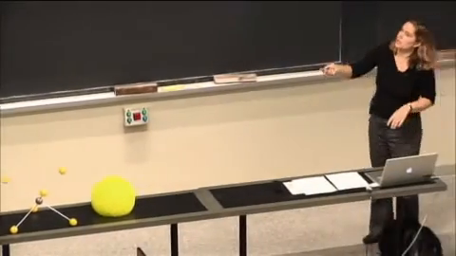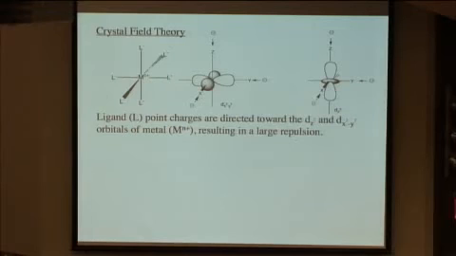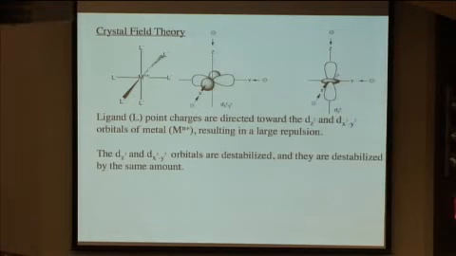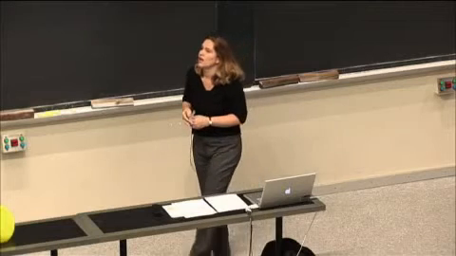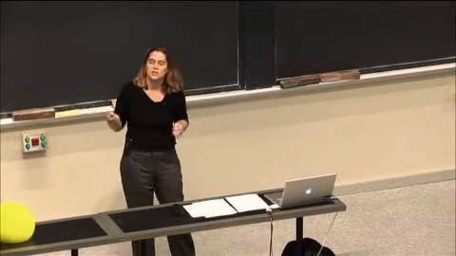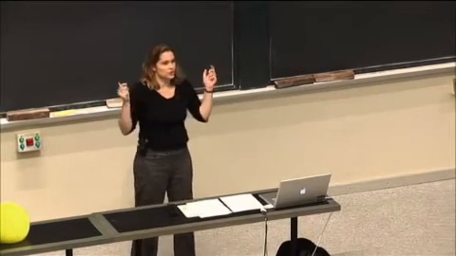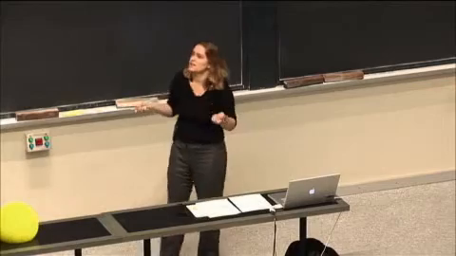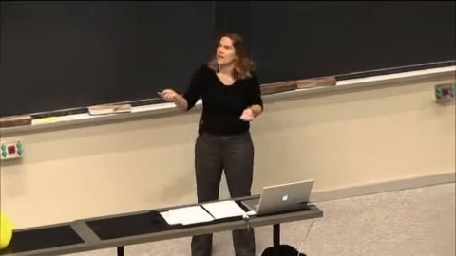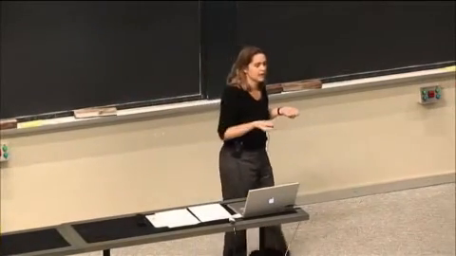All right, so here we have a case where our ligands are on axis, our orbitals on axis. This is a large repulsion. So I will tell you that the dz squared and dx squared minus y squared orbitals are destabilized, and they are destabilized by the same amount of energy.